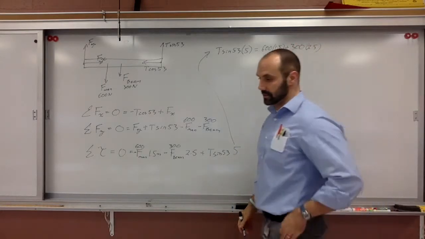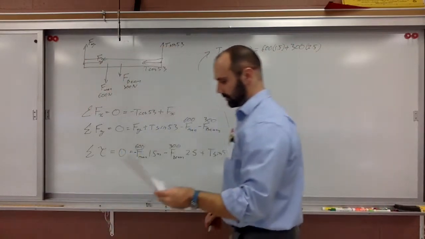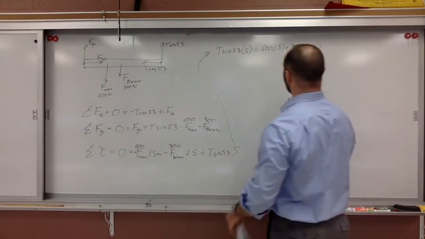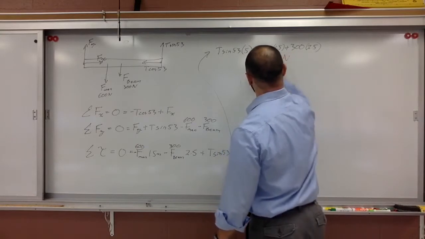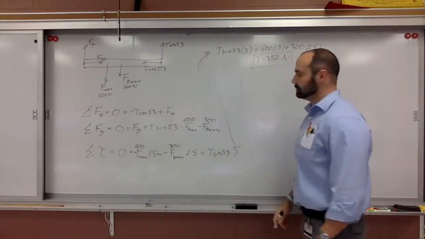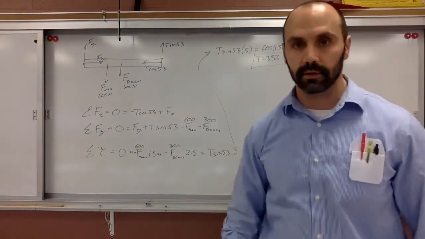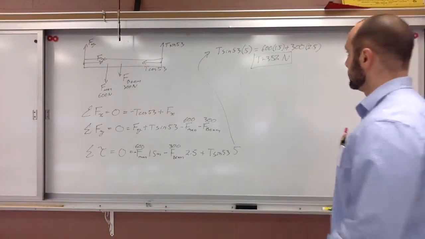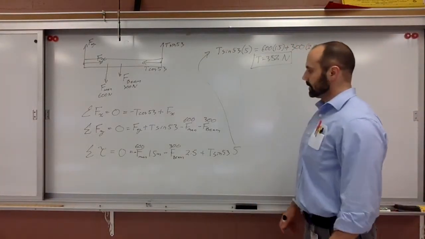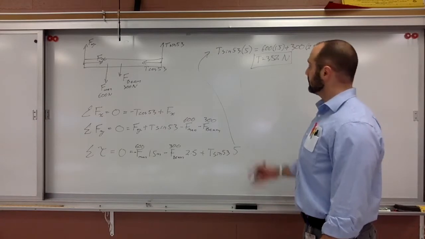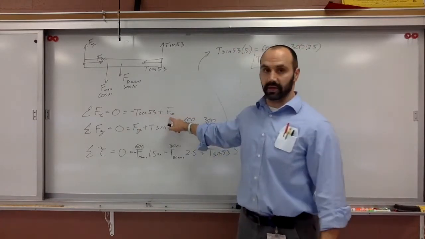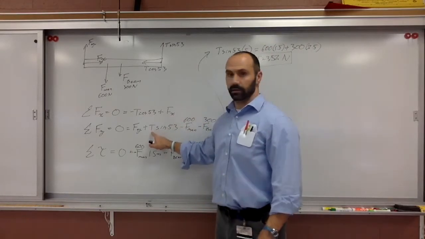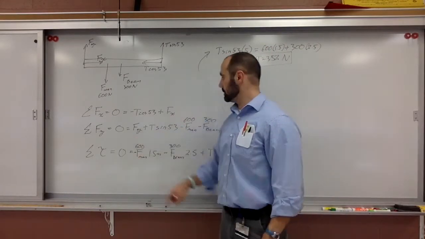And when you solve for T, you end up with 382. And so now I know T, so I can plug T into here and find Fx, and I can plug T into here and find Fy.